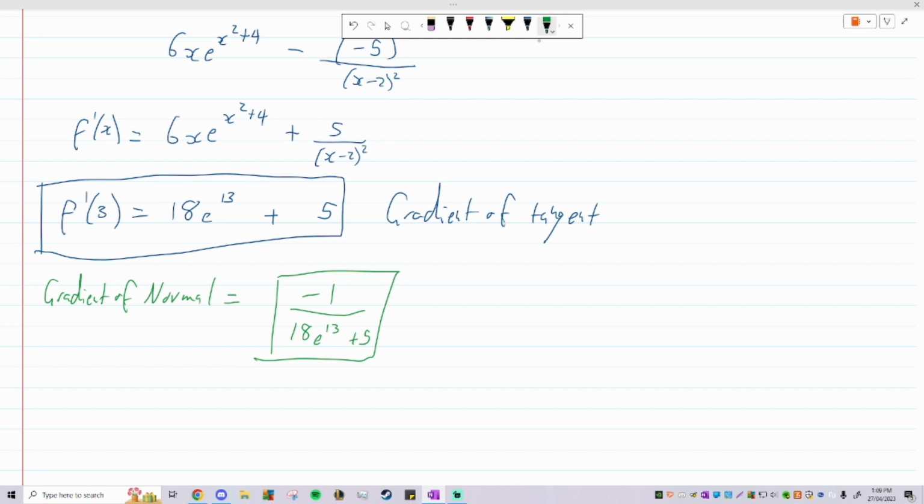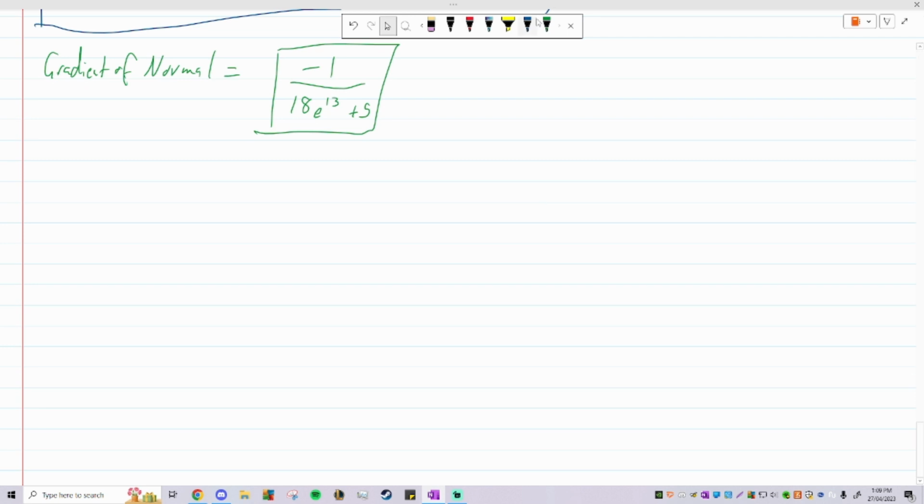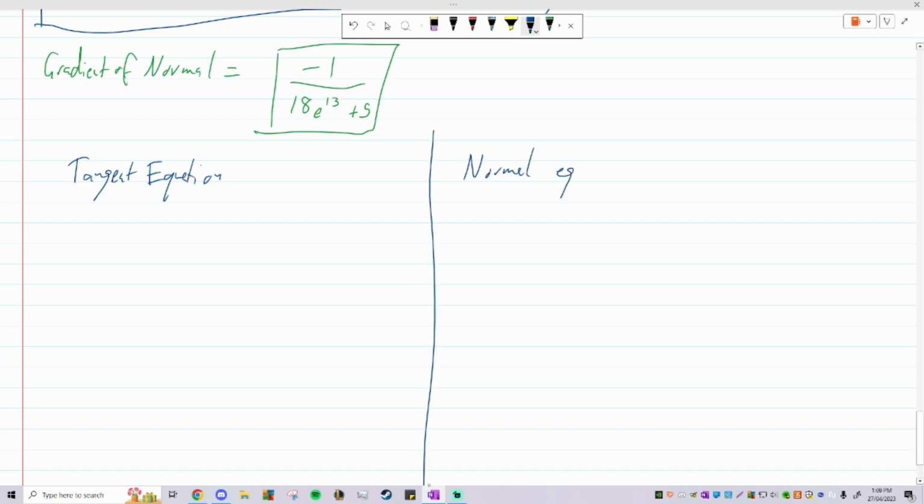Now I've found the gradient of the tangent and the gradient of the normal, so I'm going to make 2 columns here. Let's do tangent equation, and in the second column, normal equation.